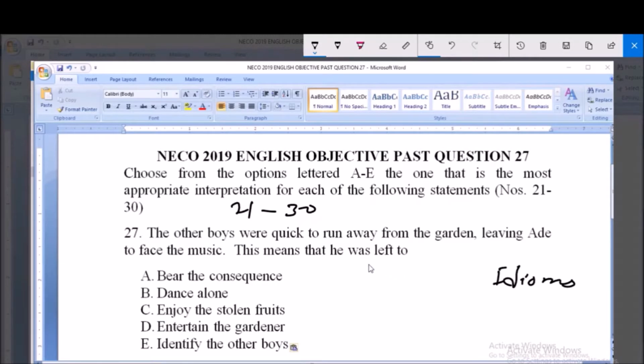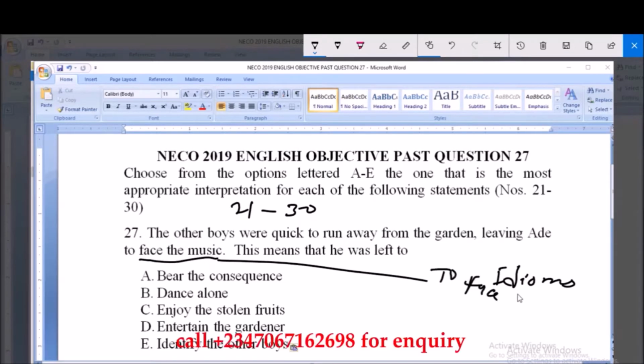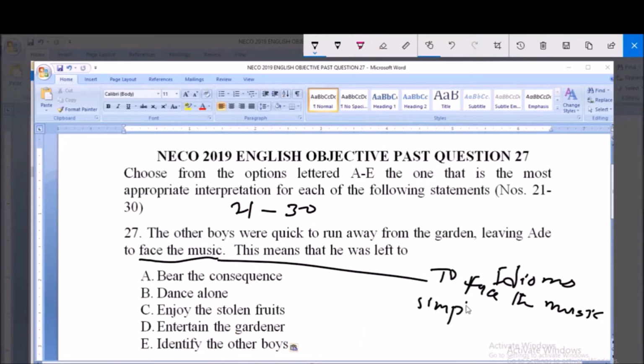The other boys were quick to run away from the garden, leaving Ade to face the music. This means that he was left to dash. The idiomatic expression here is face the music. To face the music simply means to bear the consequence alone.